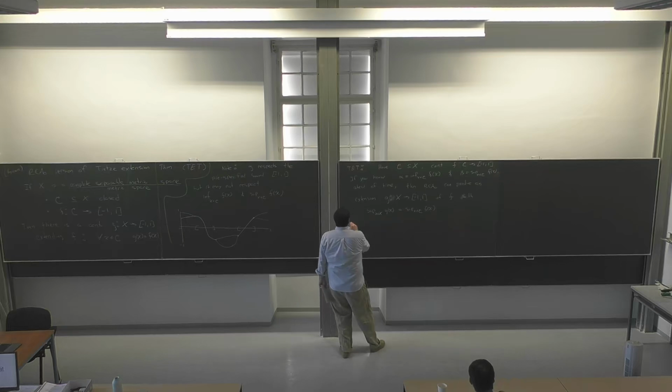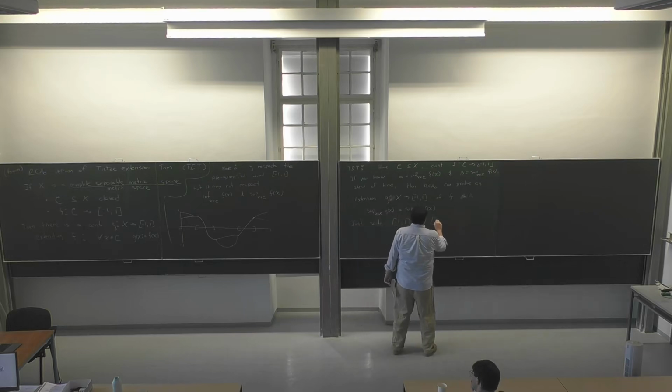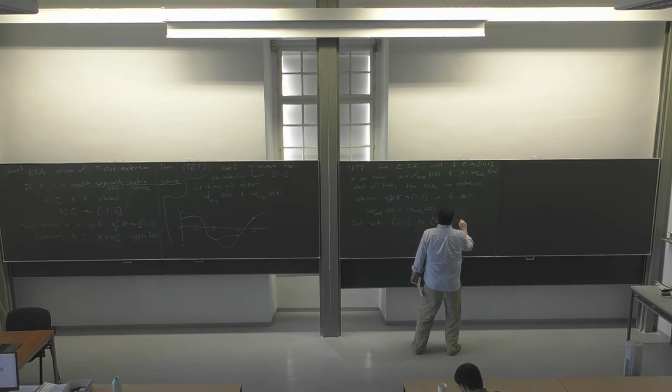So just scale -1, 1 to alpha, beta, and back.